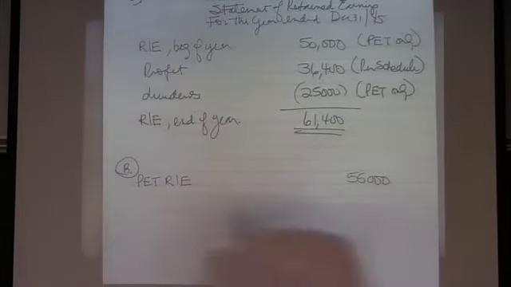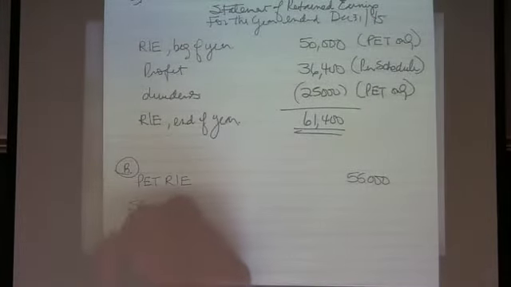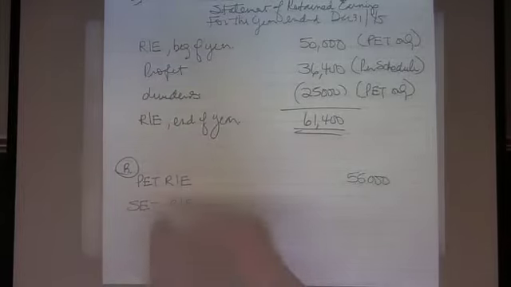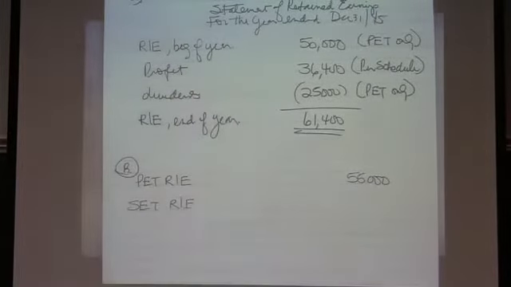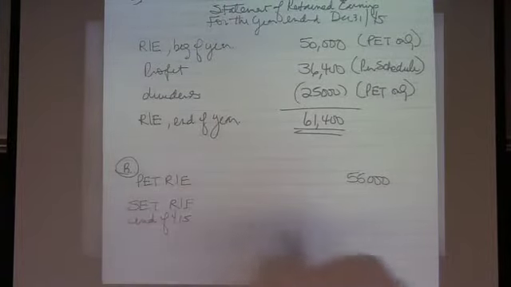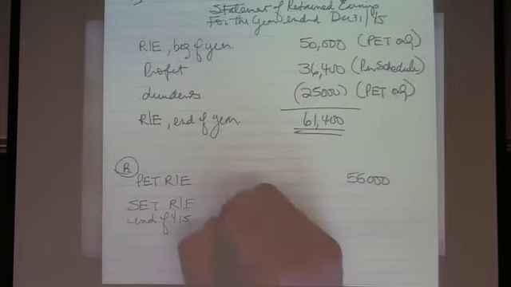Now, we need to look at the SET retained earnings. In SET retained earnings, we know that they had a beginning of the year of 35. So let me do the total here.